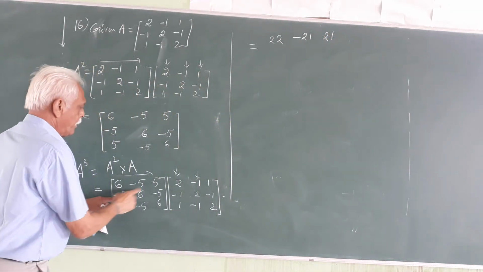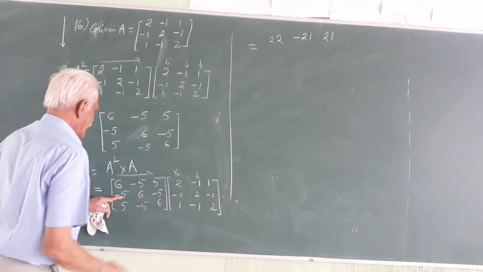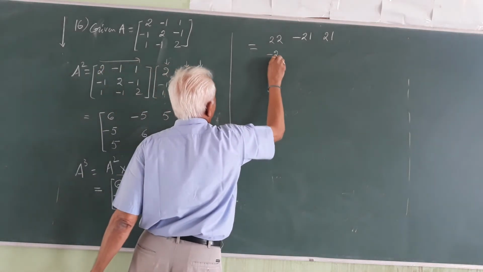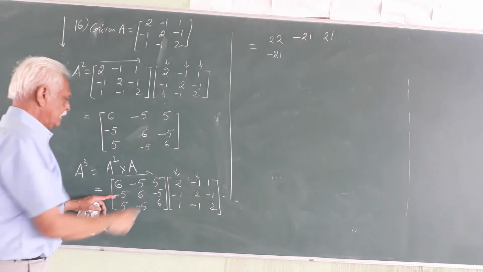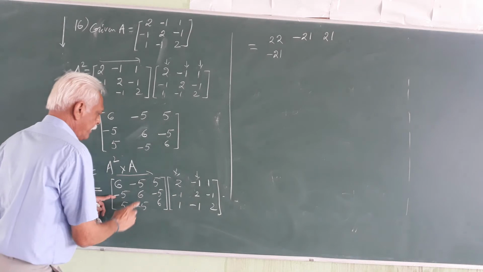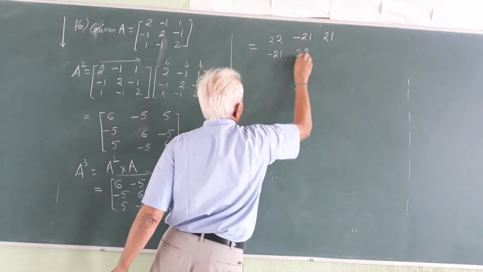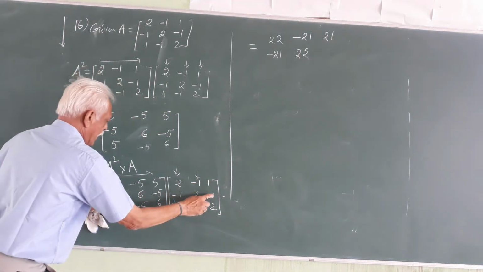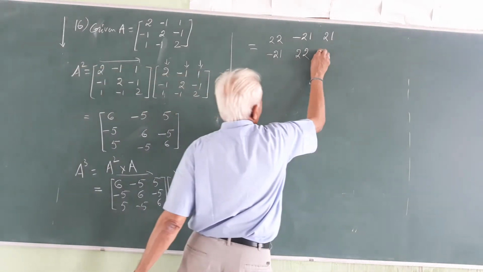The second row: minus 10, minus 6, minus 5, minus 21; then 5, 12, 5, 22; minus 5, minus 6, minus 10, minus 21.